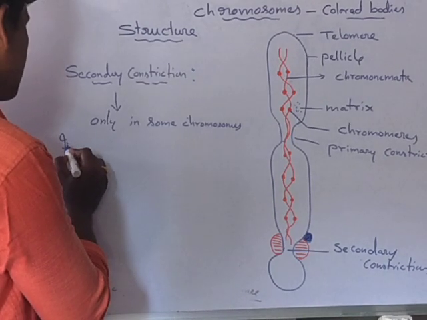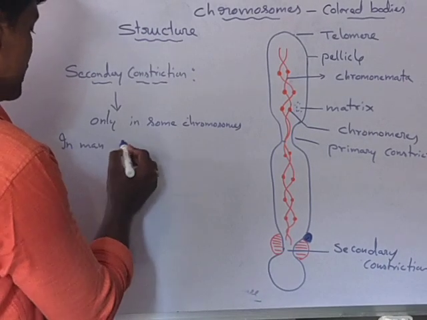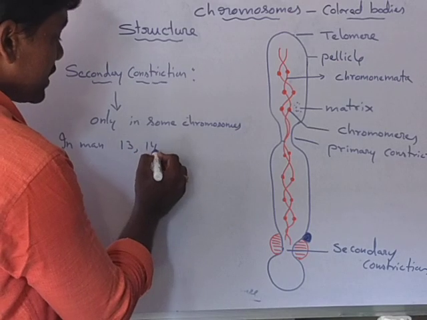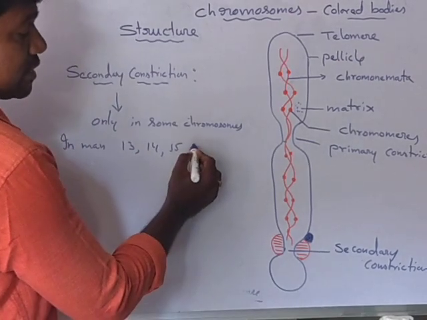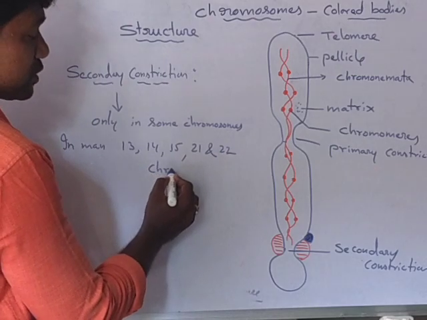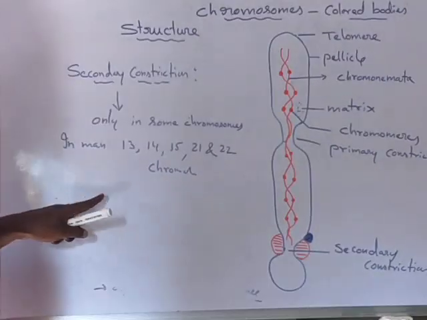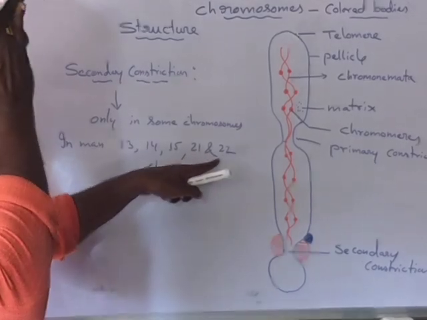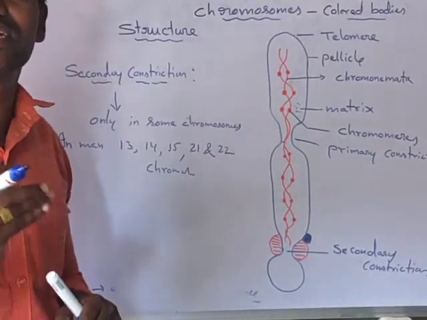In man, chromosomes 13, 14, 15, 21 and 22 generally contain the secondary constriction.